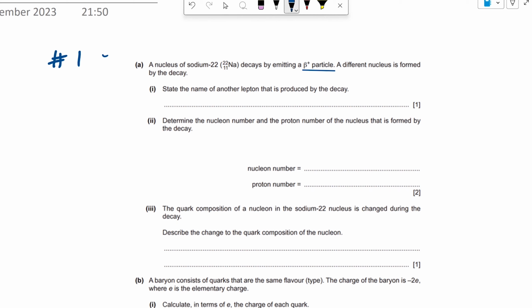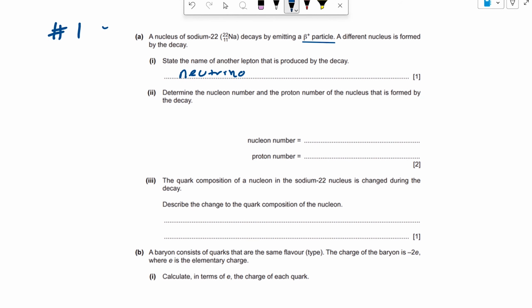Remember, leptons are electrons or neutrinos. When a positron is produced, we will get a neutrino. So it's neutrino.